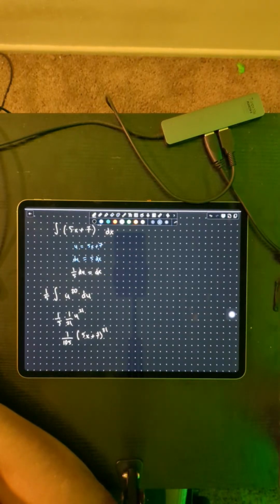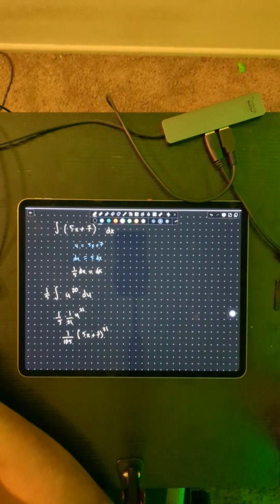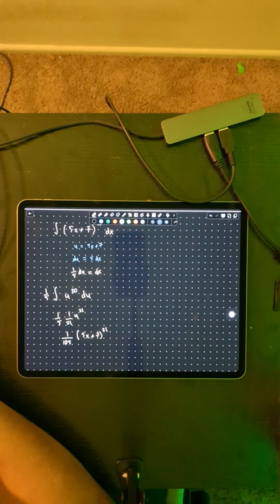There we go. Dude, this software is really glitchy. Sorry, chat. Oh no, now everything went away.